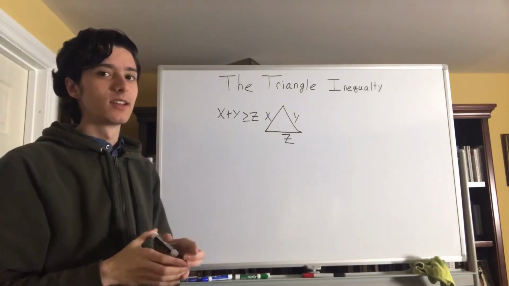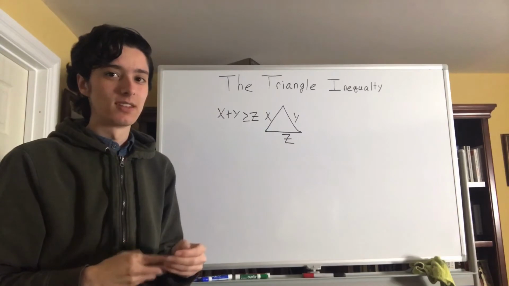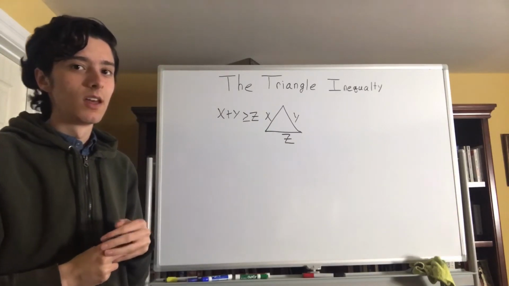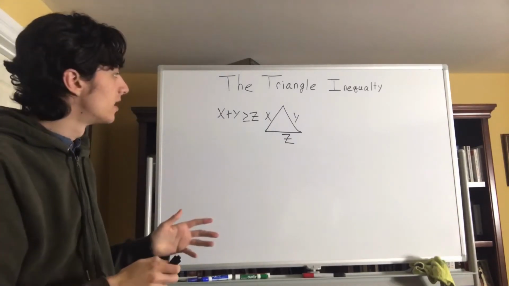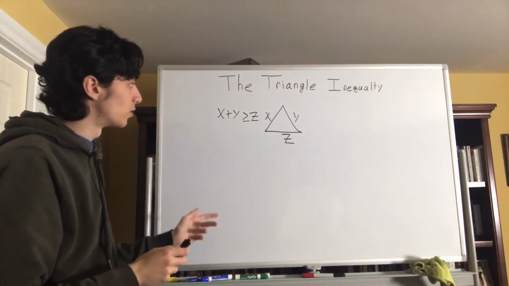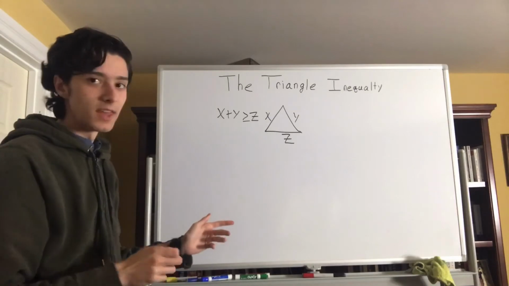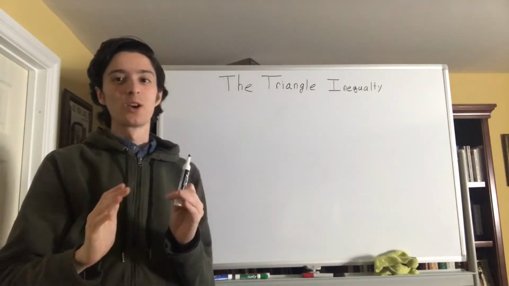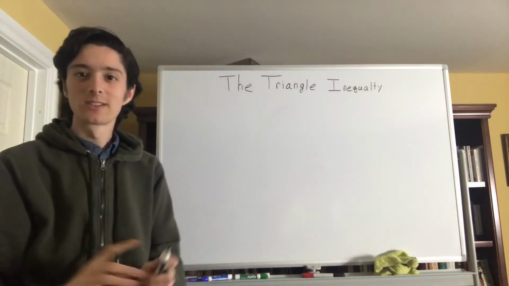Now next, let's try to think about this in another way. Another way to think about this fact is that instead of x, y, and z being side lengths of a triangle alone, they can all be vectors. So we can draw a diagram using vectors.